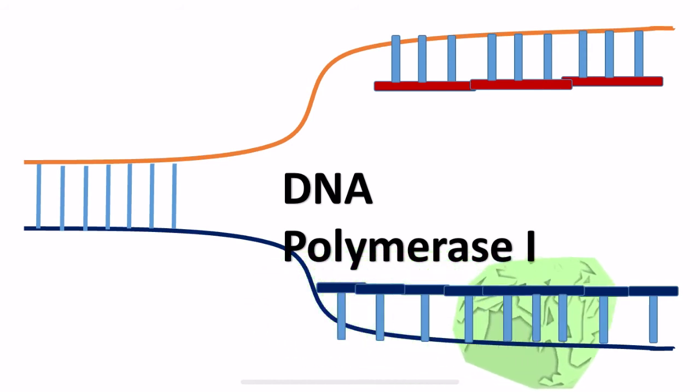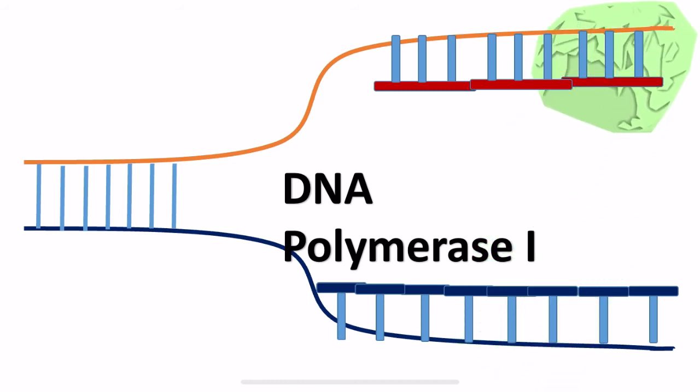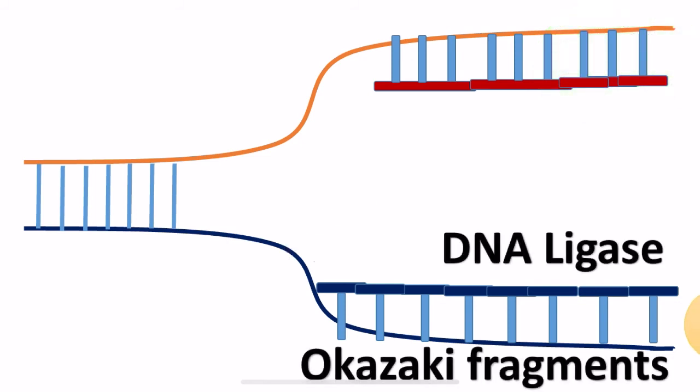So each and every place wherever the primer is there, it will be removed by DNA polymerase 1, and new nucleotides will take its place. And this is how the whole DNA molecule will be formed with the help of new nucleotides.